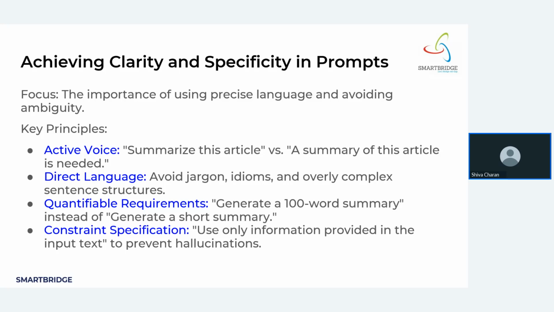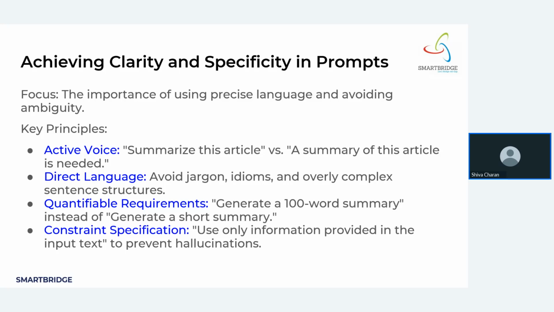So what is the focus point here? The importance of using precise language and avoiding ambiguity. And what are the key principles again? Active voice, direct language, quantifiable requirements, constraint specification. So these are some of the key principles to achieve clarity and specificity.